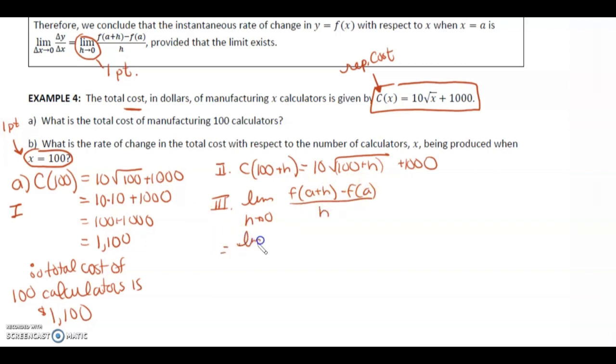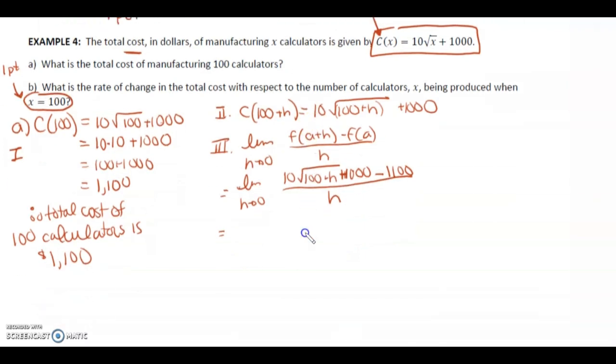So equals the limit as h approaches 0 of 10 root 100 plus h plus 1,000 minus 1,100, we can do all over h. Okay, I don't like to write the h like this.